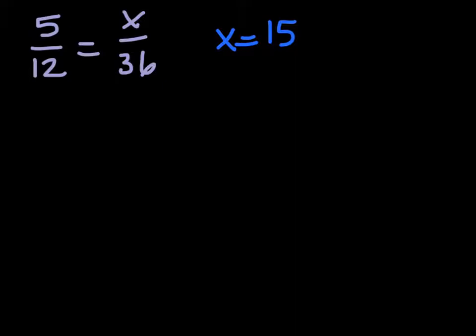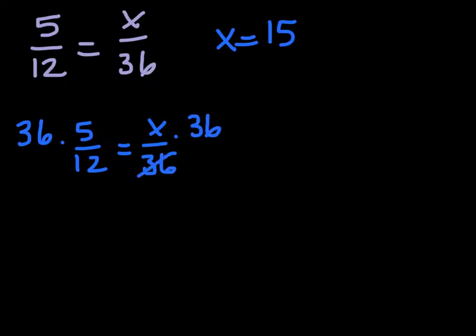The next method is to use algebra. We're going to solve for x by multiplying each side by 36, so 36 times 5 over 12 equals x over 36 times 36. Our 36s cancel on this side. On this side we cross reduce to get 1 and 3, giving us 15 equals x.